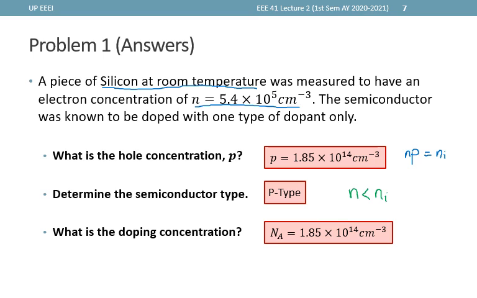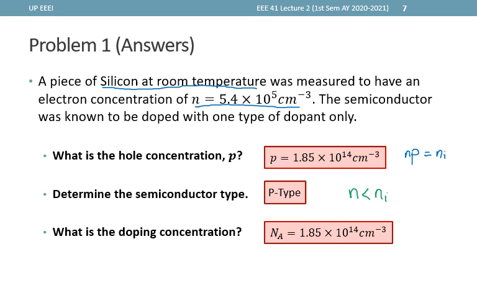For a pure, intrinsic semiconductor, n is equal to p is equal to ni. For a p-type semiconductor, p is greater than ni and n is less than ni. Given only that n is equal to 5.4 times 10 to the 5, comparing that to 10 to the 10, we can already say that the semiconductor must be p-type.